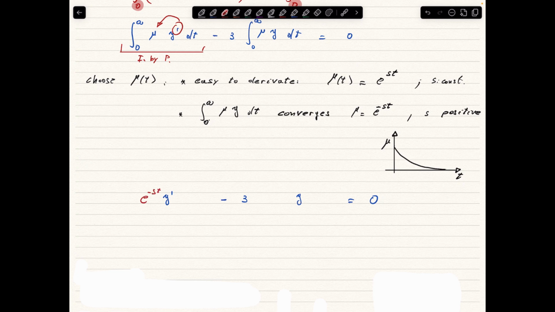Multiplying 0 by the exponential is still 0, and then we integrate in time from 0 to infinity, because this is where we want to find the solution.